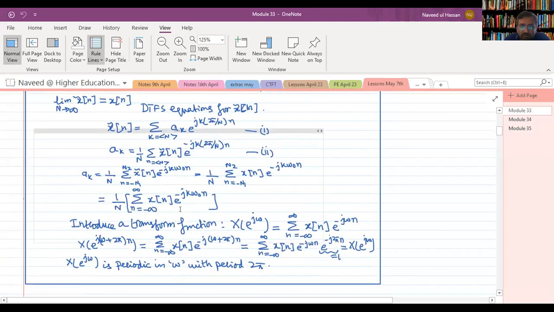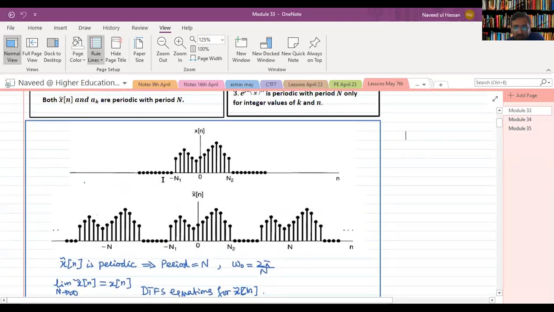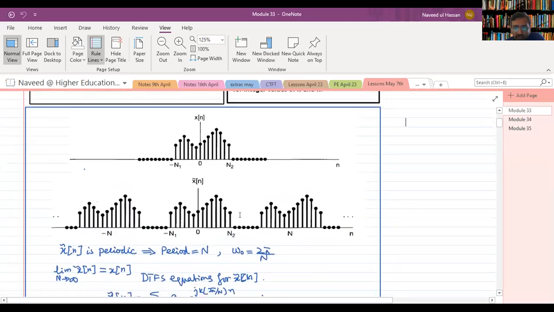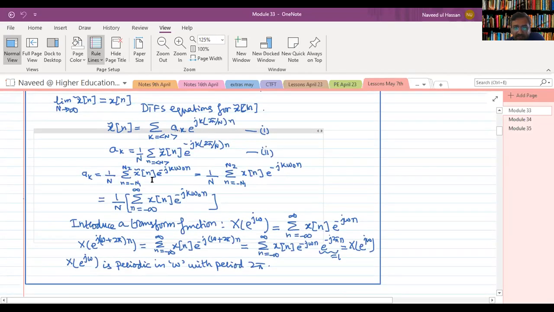So once we write these equations for x tilde n, in the analysis equation we can replace, because here we are summing over N consecutive values, so we take this portion from here to here and we can replace x tilde n in this equation with x n. Since x n is 0 outside this interval, the limits of this summation go from minus infinity to infinity.